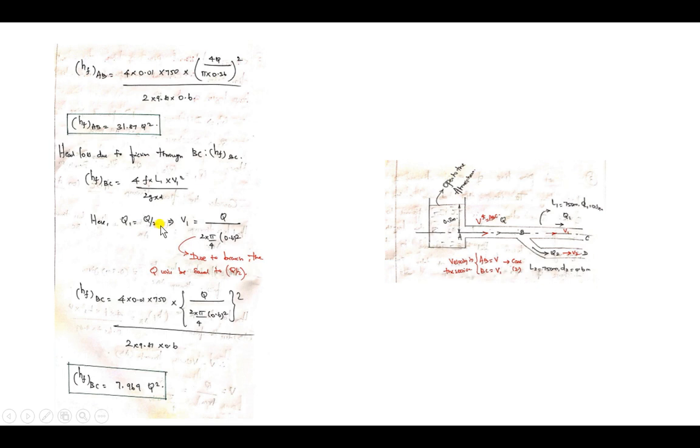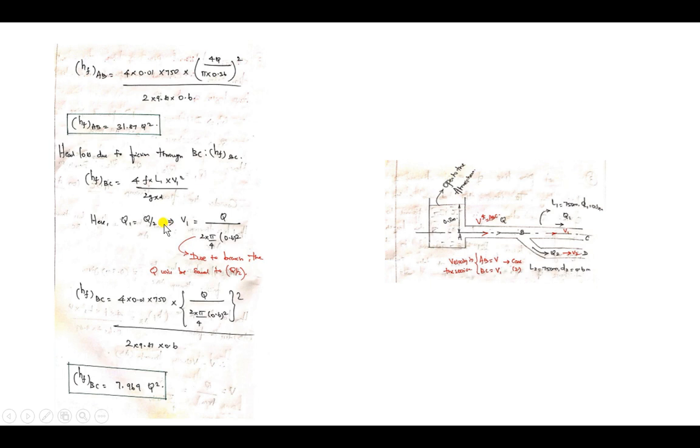Q1 equals Q by 2, V1 equals Q by A, but Q here is Q by 2, so it is Q by 2 into area. So don't get confused here. The 2 is there, as written here, because due to the branch the Q will be divided into 2, that is Q by 2. So this 2 is because of this.